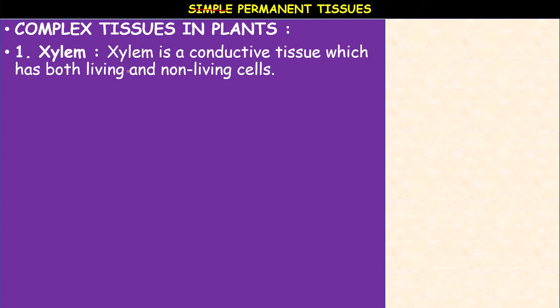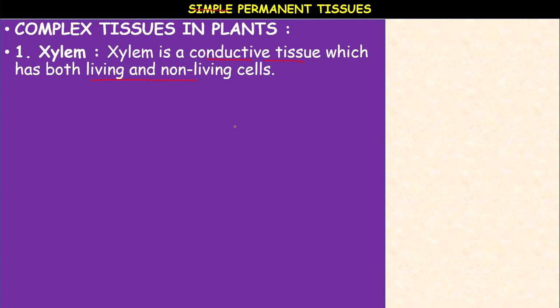First, xylem. Xylem is a conductive tissue. It is a complex permanent tissue in plants that mainly performs conduction. It has both living and non-living cells.